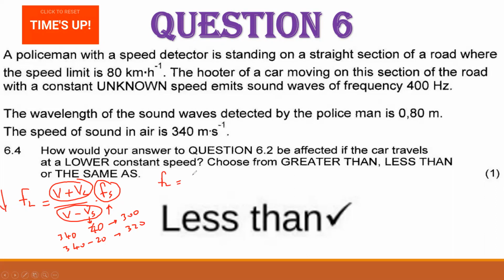FL is equal to V plus VL times Fs over this side, which goes from 300 to 320, increasing. Just like 1 over 2 and 1 over 3: x equals 1 over 2, let's say y equals 1 over 3. As you see, when this side increases, the other side decreases.